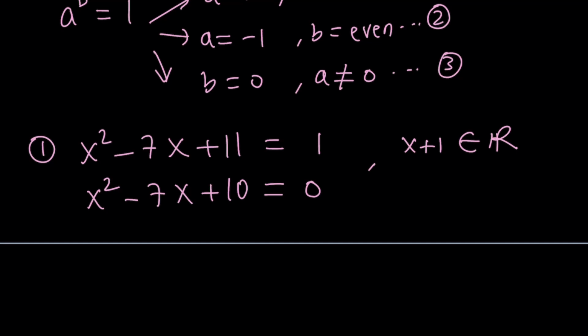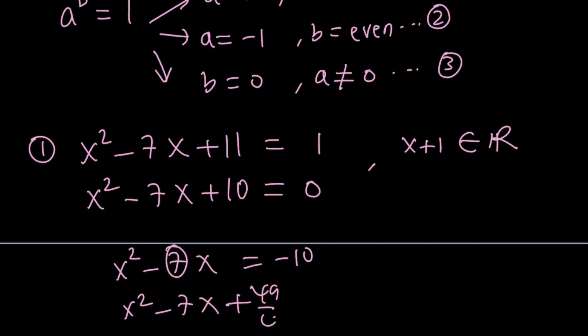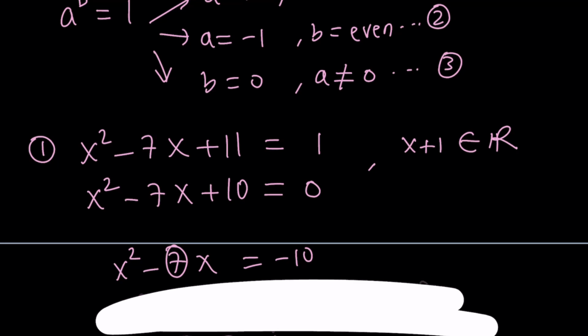You have to deal with fractions. But anyways, the idea is, just subtract 10 and then add half of this number squared to both sides, which would be (7/2)², which is 49/4. And 49/4, by the way, is greater than 10, so this is going to be a positive sum. And then this will be a perfect square, and so on. That is completing the square.